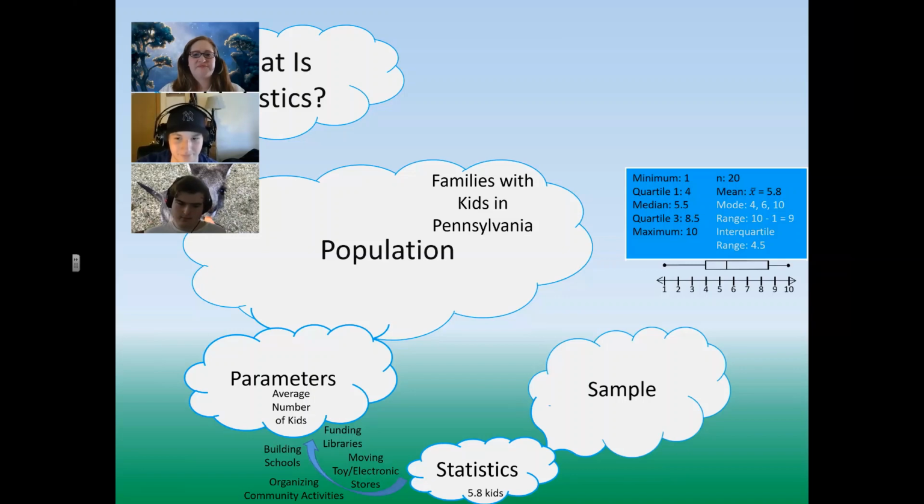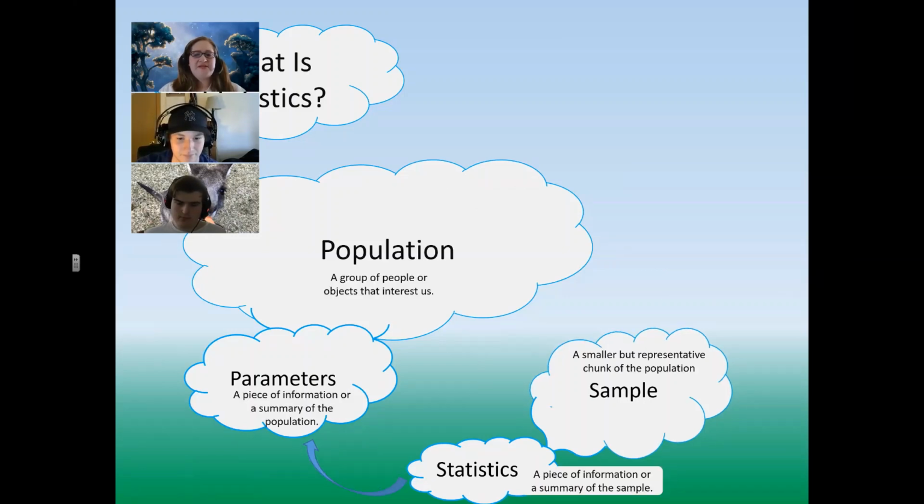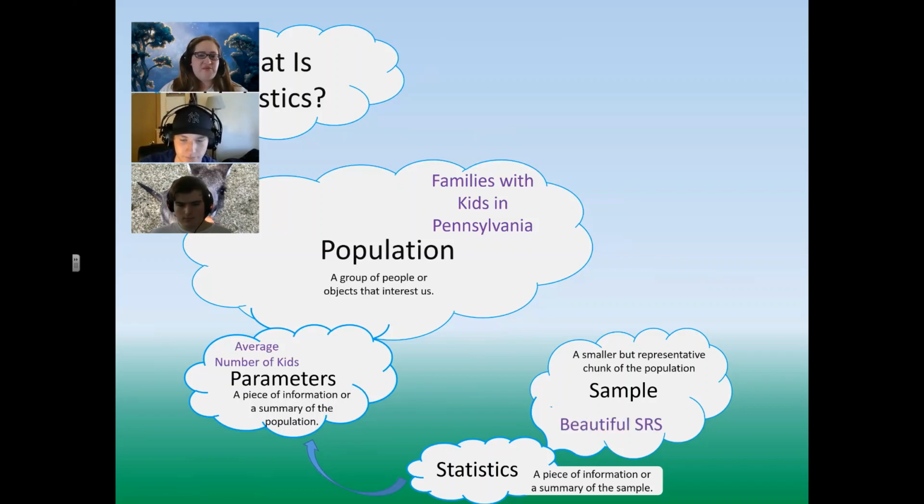Those are important. Okay, so we go back to this. Remember the population. We want the parameter from the population, so we take a sample and then we do statistics to find an approximate guess. We did families of kids in Pennsylvania, and we wanted the average number of kids, so we did a beautiful simple random sample that I just made up, so I can tell you it's perfectly accurate.